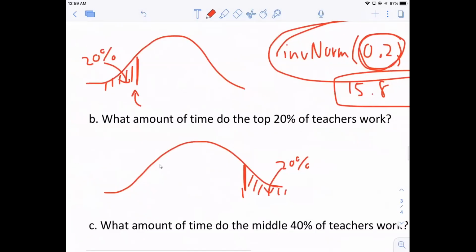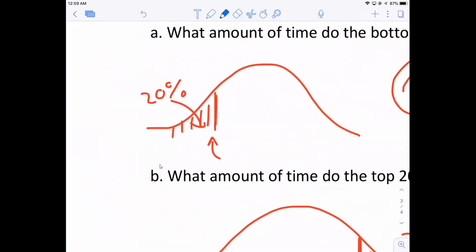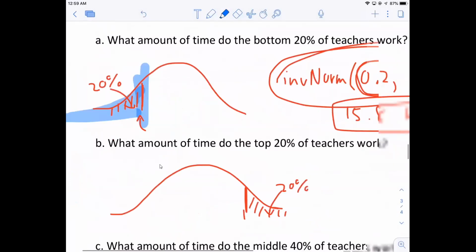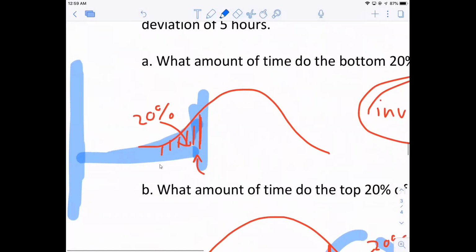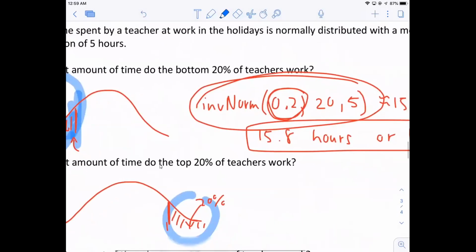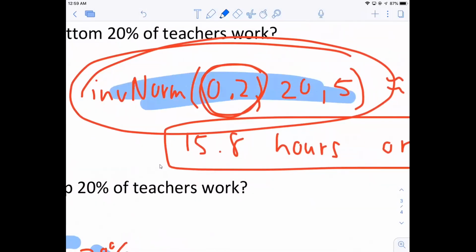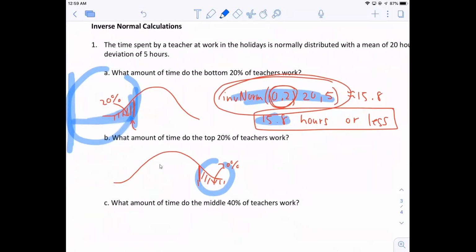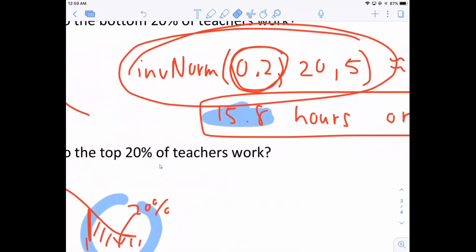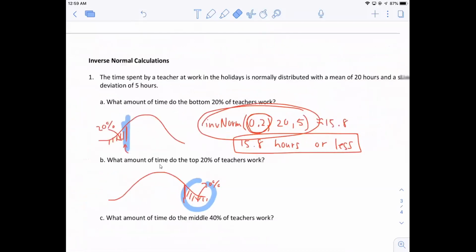That means that area always goes from the left to the right. It's always bounded by that area. So how could I get the top 20% when this area is always left bounded? It wouldn't make sense to type in the same thing because I'm going to get the same answer, 15.8 hours. And obviously, the top 20% of teachers don't work 15.8 hours. It's the bottom 20%. So what could we do?